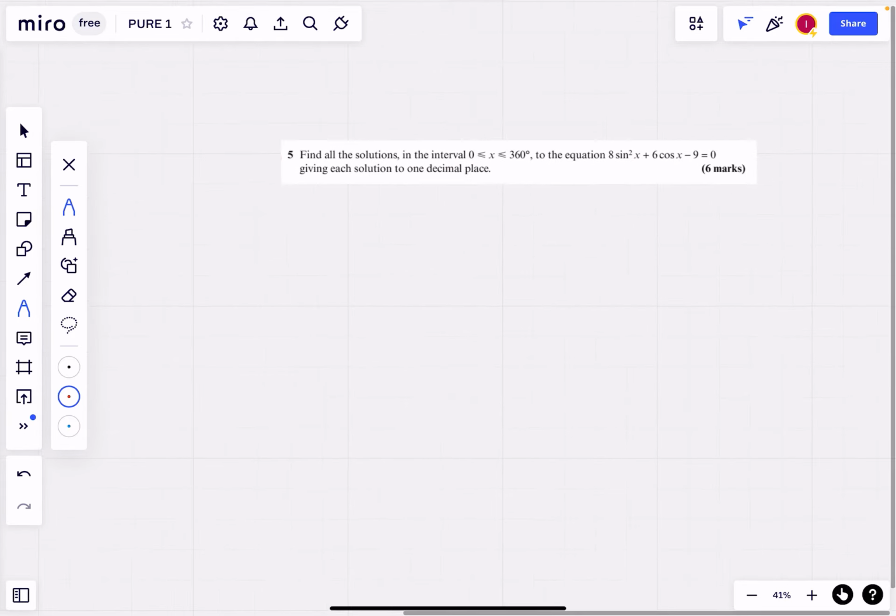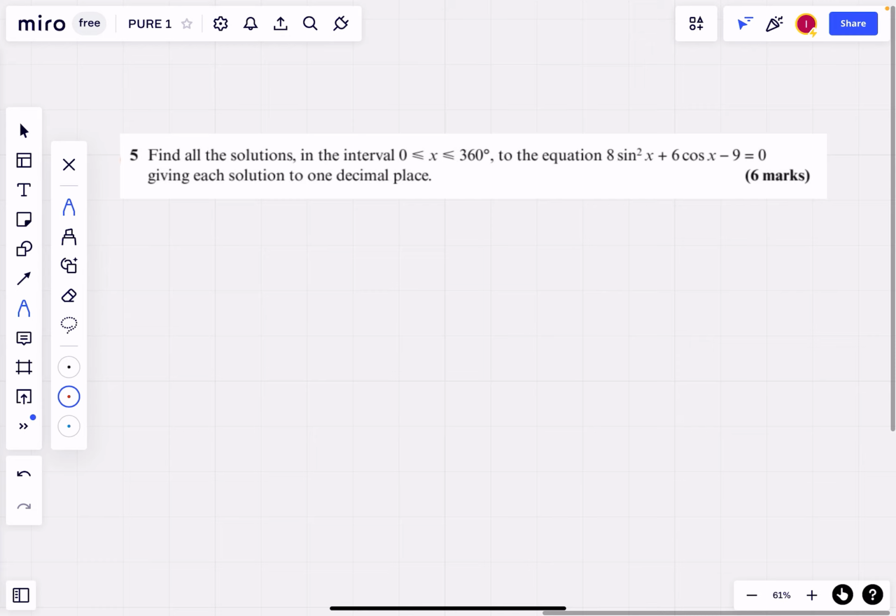Okay, so have a look at this question for me, and I want you to give that one a shot. So first off, we've got sine squared and then we've got cos. If we want it to be a quadratic, we want to change that sine squared into a cos squared.